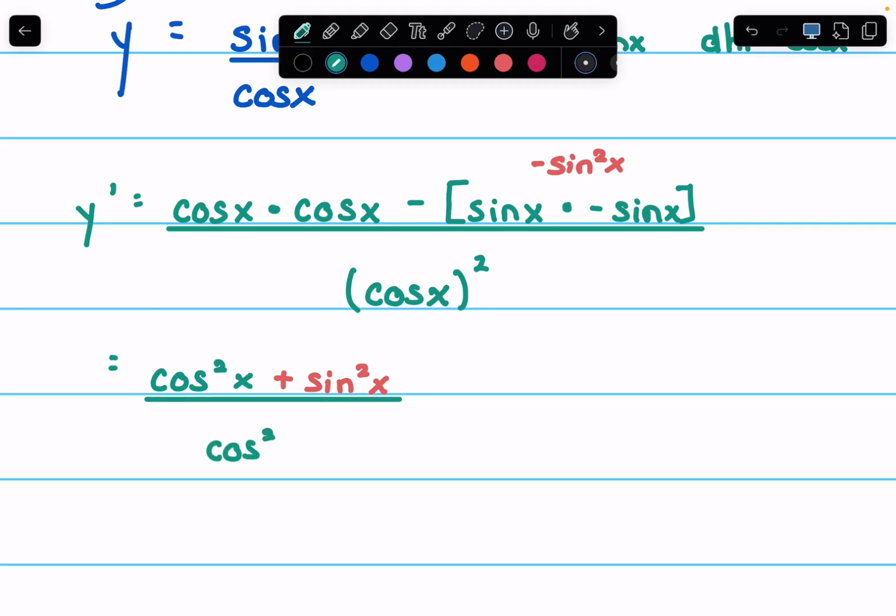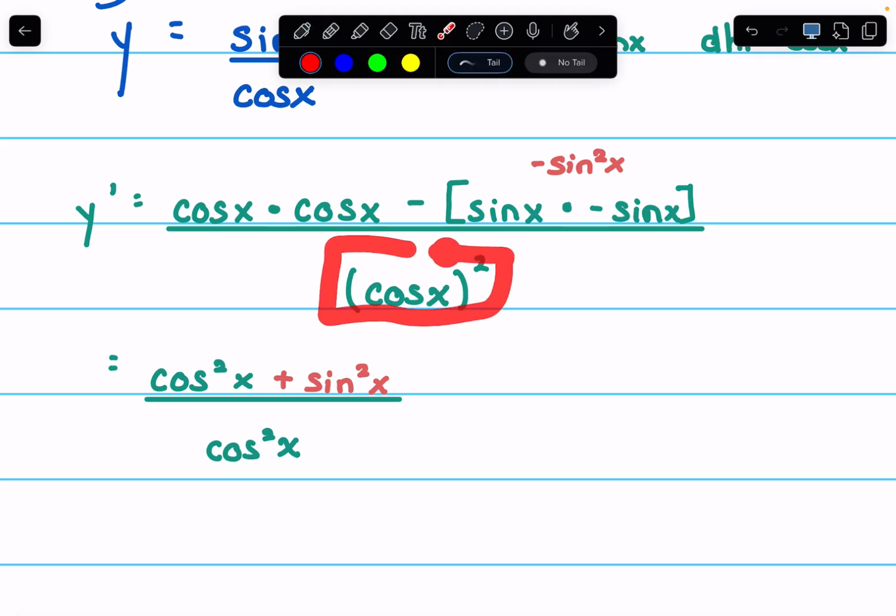And then all over cosine squared x. Yes? Okay. Do I need to go over the fact that this is not cosine x squared? Because that would be dealing with the angle, and we're not dealing with the angle. We're dealing with the trig word. Okay?